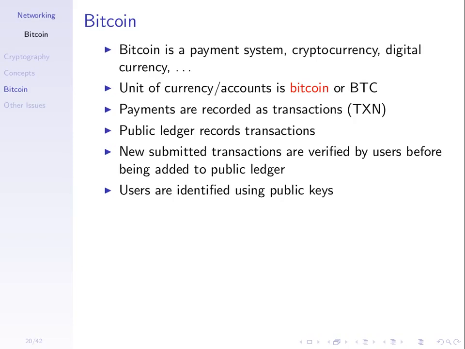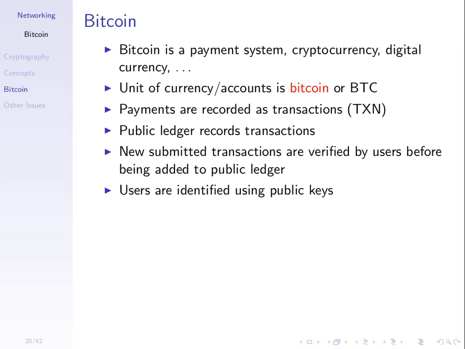So each user has a key pair. Everyone has their own public and private key. If you want to send someone else money, you need to know their public key or some version of their public key. But you can have multiple key pairs. So I can create 1,000 of my own public keys.